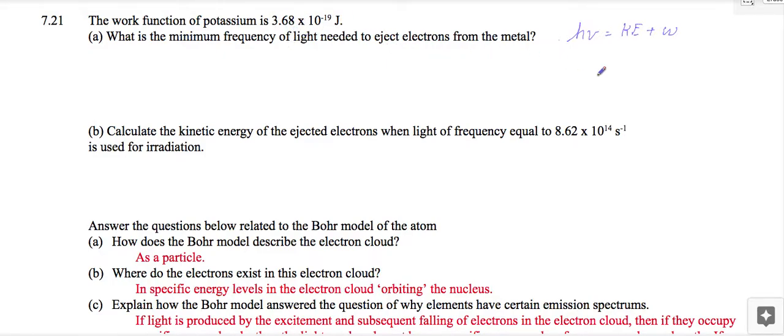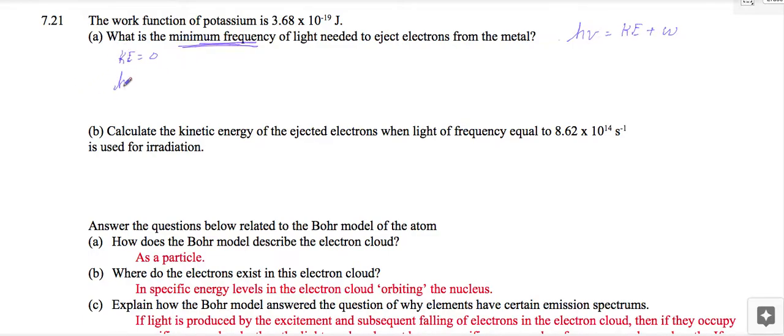So in that case, if we're looking for the minimum frequency here, we're going to plug in 0 for KE. So KE is 0 because that's the minimum value for the electron. Now, of course, we can't have 0. It'd be something just above 0, but 0 gives us the very minimum. So any number above this value is going to eject that electron off the surface of the metal.